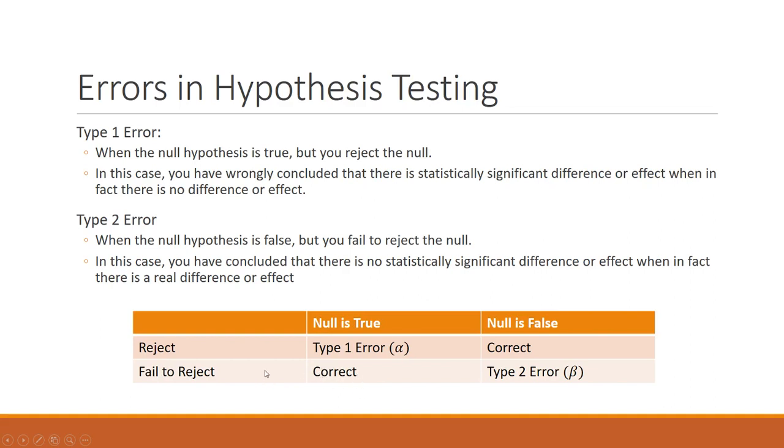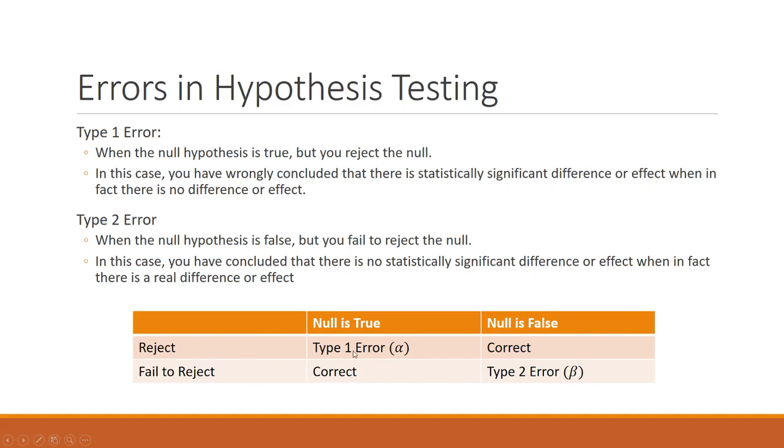Imagine that we do our analysis and we conclude that fertilizer does not increase incomes. We would fail to reject the null. And if, in reality, fertilizer does not increase incomes, we would make a correct decision.